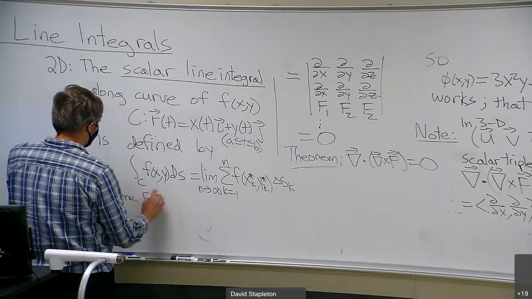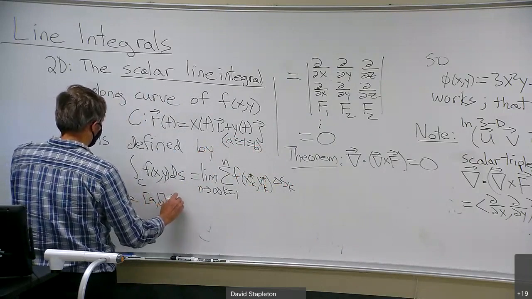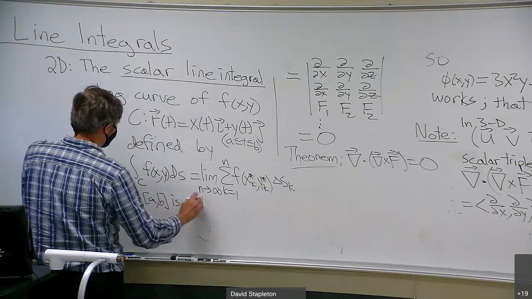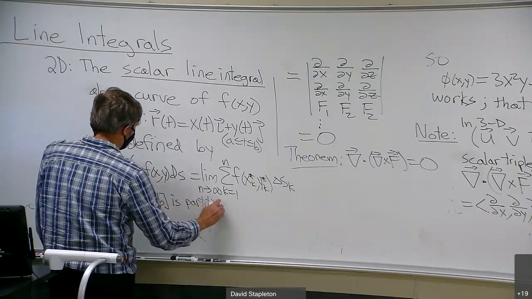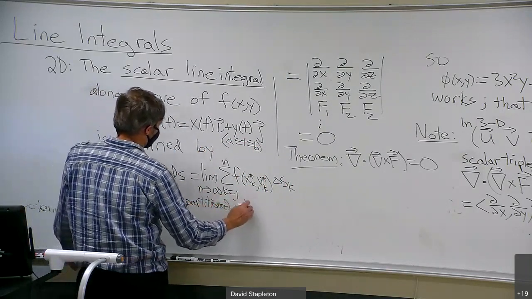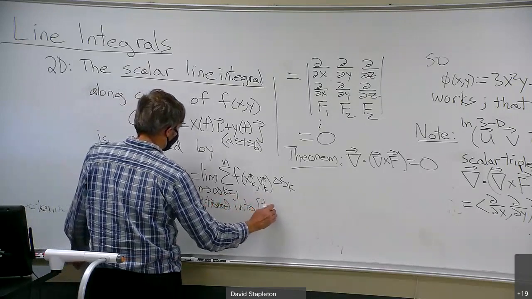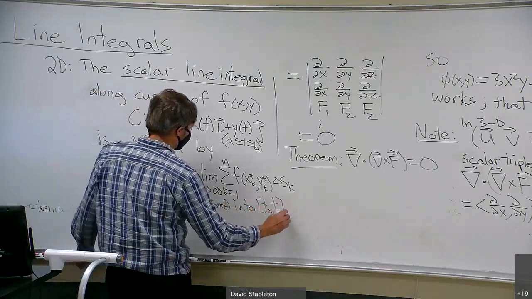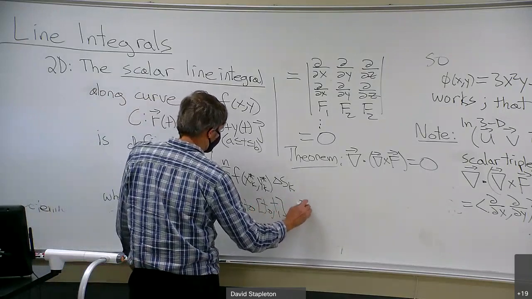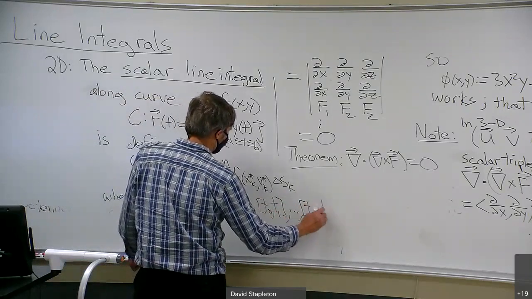The interval a, b is partitioned into subintervals t0 to t1, t1 to t2, down to tn minus 1 to tn.